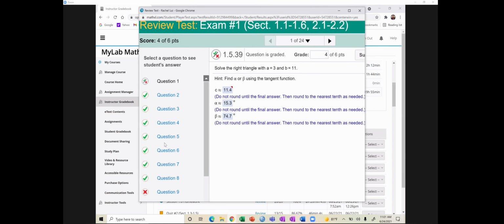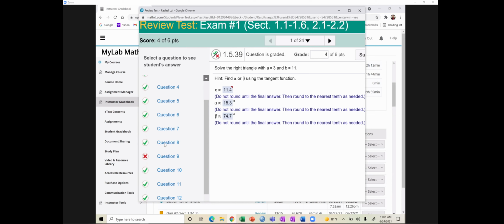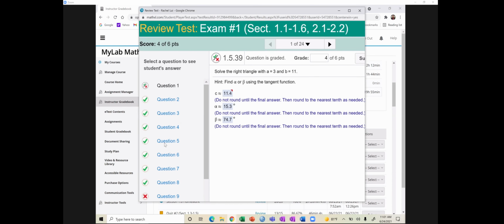Other times it says give the exact answer. Okay, so then it would be wrong even if you did the exact answer. Let me finish. So the software will mark it wrong if it's not in the form that it asked for. So if it's not rounded to the correct place, or if it's not in decimal form when they ask for that. I, as an instructor, am well aware of these limitations.